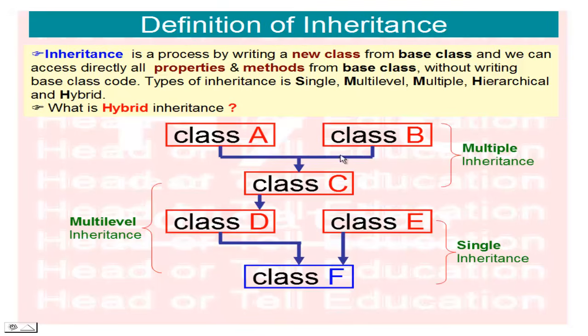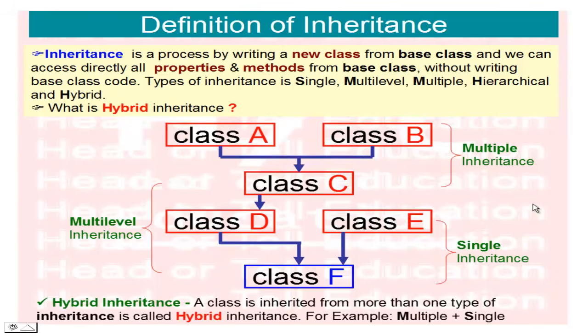So in full, class F is using multiple inheritance, multi-level inheritance, and single inheritance. This is the complete structure of class F as hybrid inheritance. The definition of hybrid inheritance is: a class inherited using more than one type of inheritance is called hybrid inheritance. For example, multiple plus single inheritance.